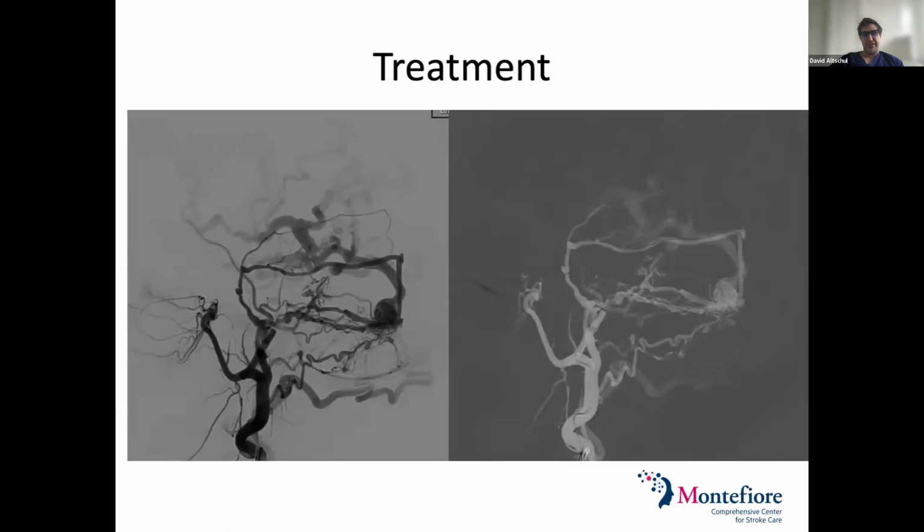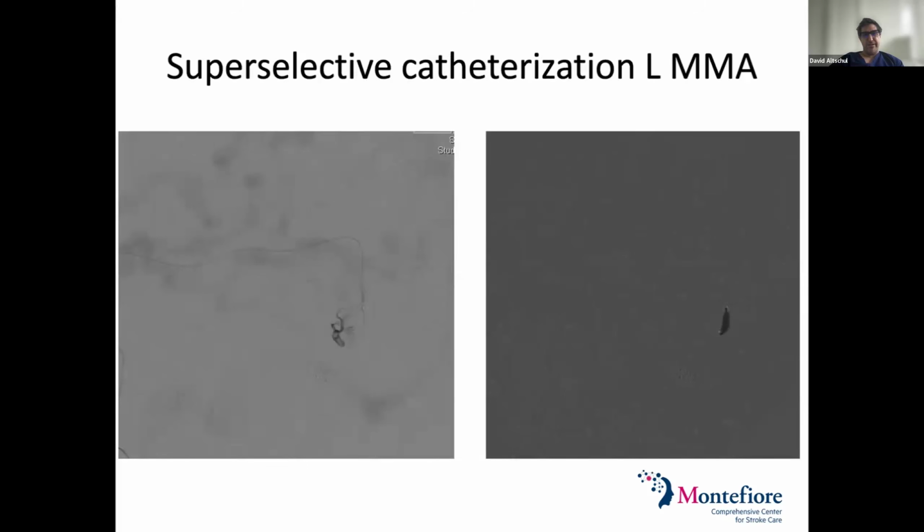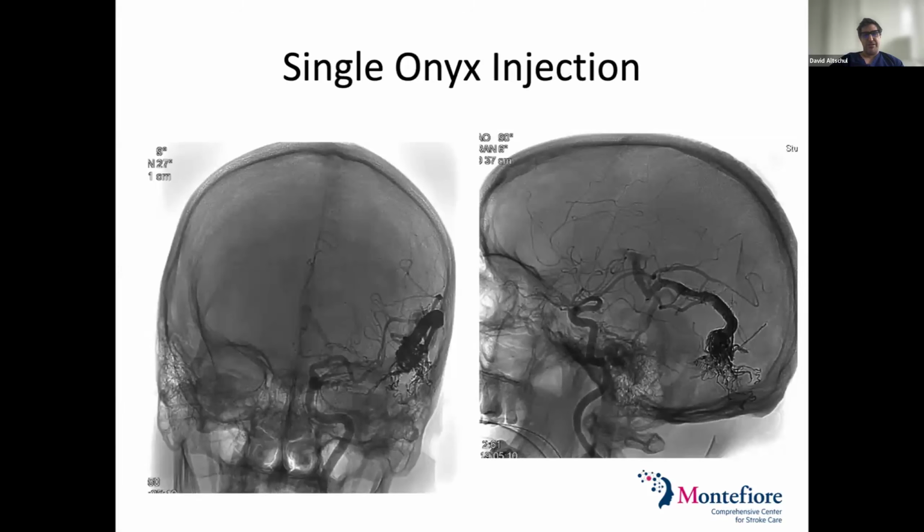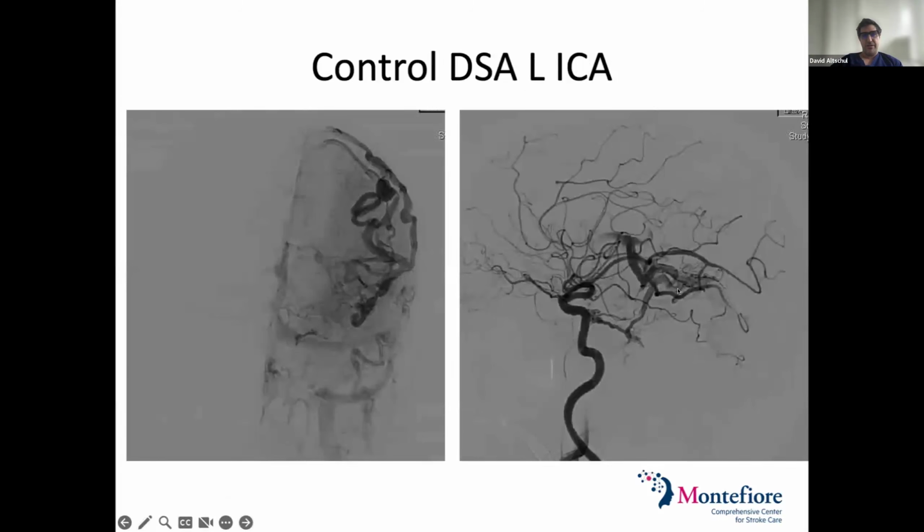So we decided to go with what was easy first and go through that MMA branch with a Scepter Mini and inject as much Onyx as we could, until we ran out of Onyx in our angio suite. We got a really nice Onyx cast into the malformation component and pretty deep into the vein, but not quite far enough to get the entire pial supply. I'll show you how that looked on the ICA injection afterwards.